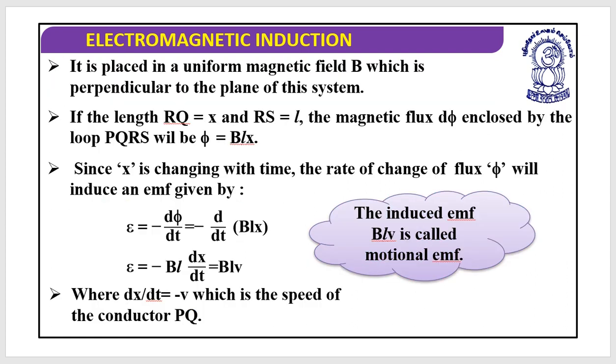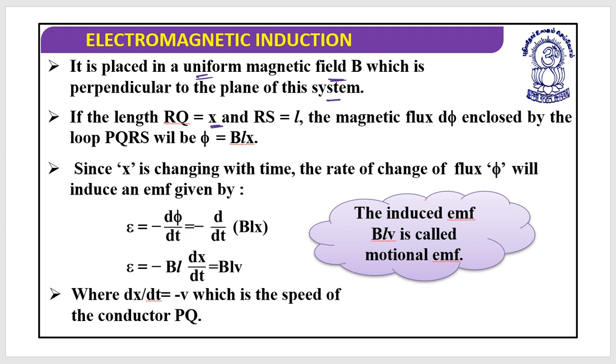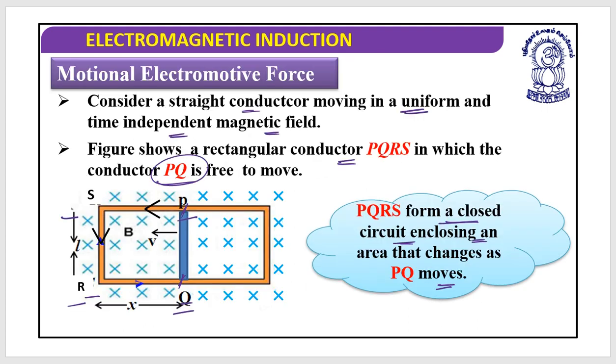It is placed in a uniform magnetic field B, which is perpendicular to the plane of the system, and the length of RQ is x, and the length of RS is L.